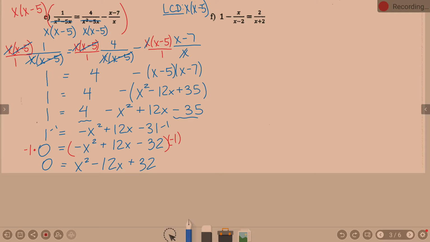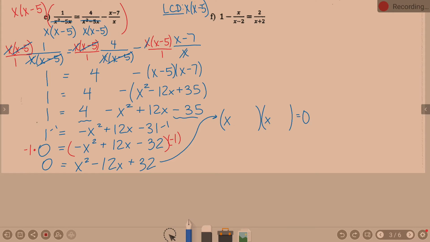We're almost there. You know these last steps. We're going to take x squared minus 12x plus 32 and factor it into 2 parentheses. X squared breaks into x and x.